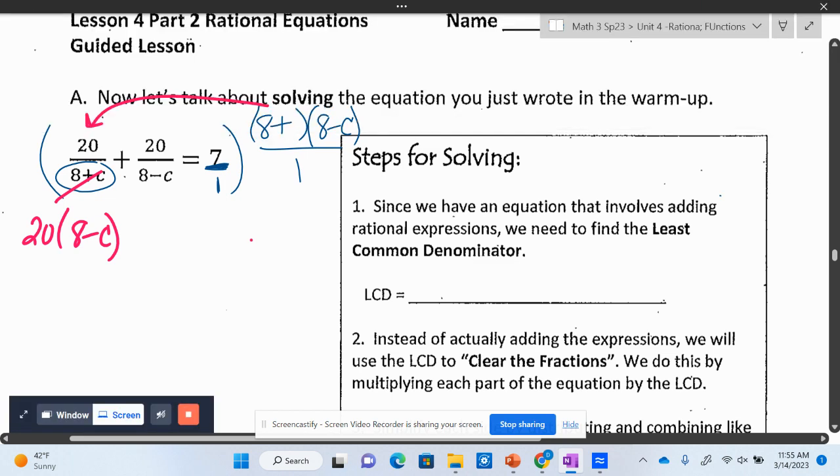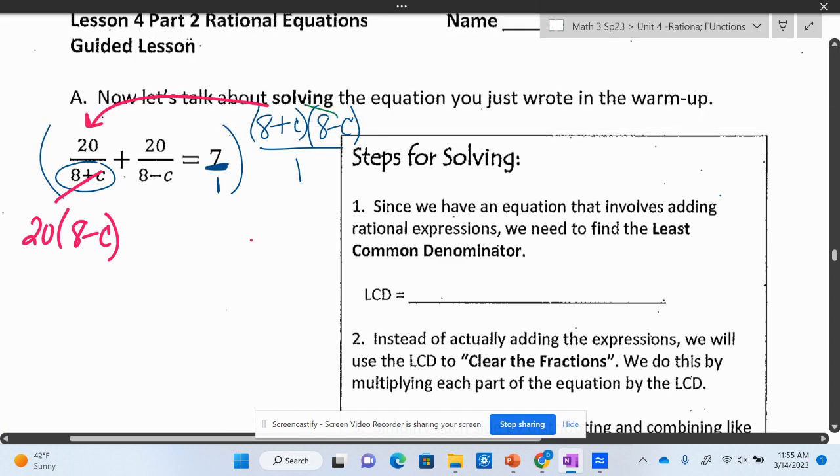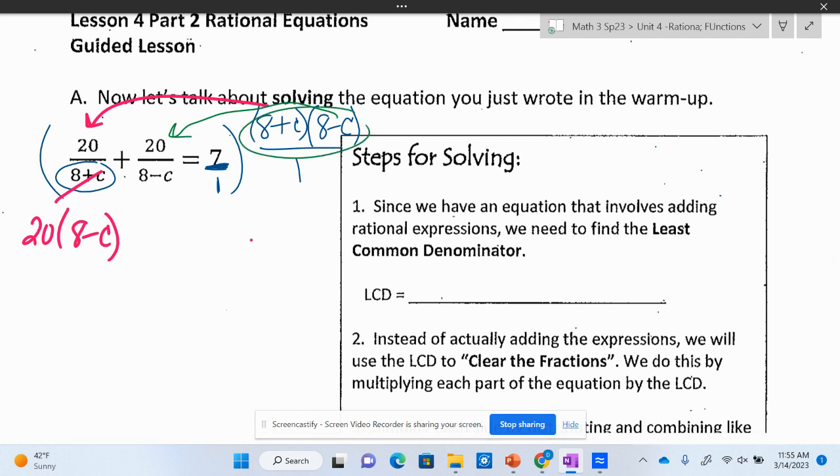So now I am going to multiply the second fraction, the second term. Same thing. So when I take 20 over 8 minus c, and I multiply it by the product of 8 plus c times 8 minus c, notice I can cancel out the 8 minus c's.